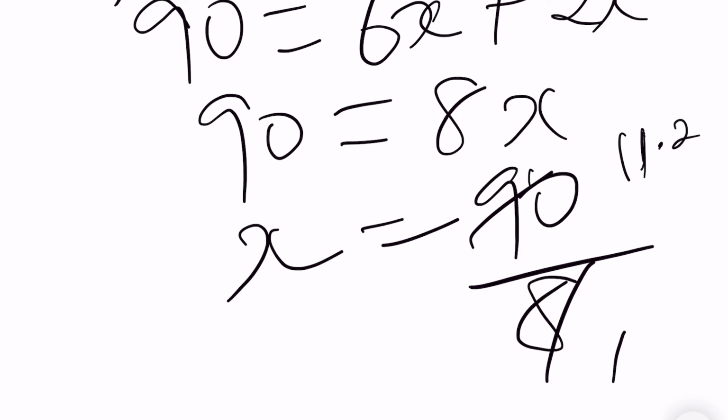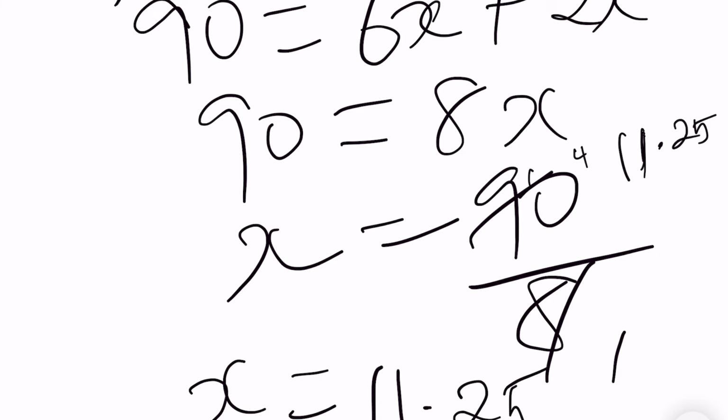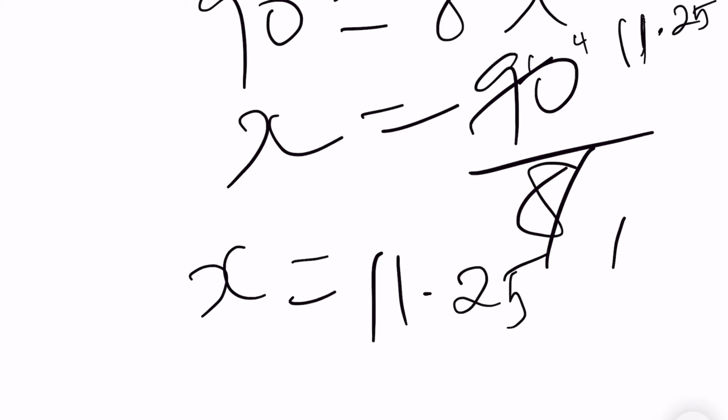Dividing, 8 into 90 gives 11, remainder 2, then we add 0, and we have it to be 5. So our x is 11.25 for cos 2x equals sin 6x.